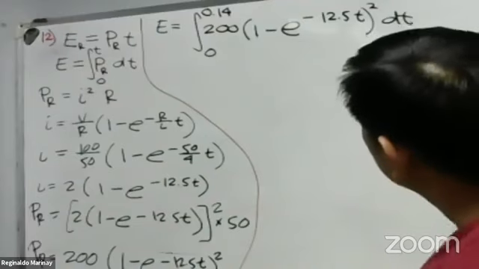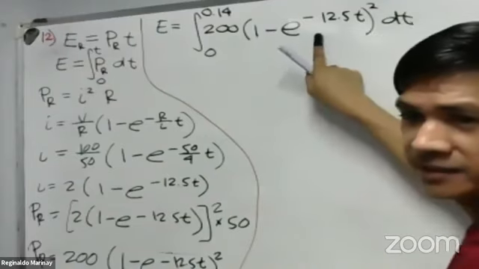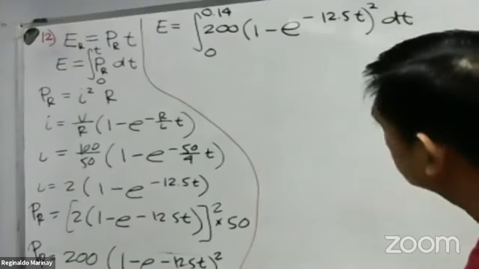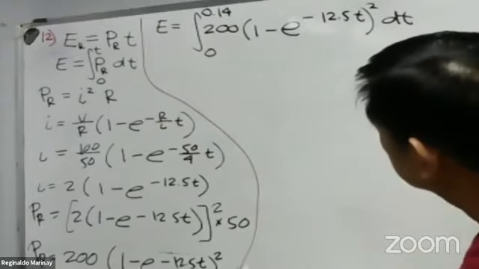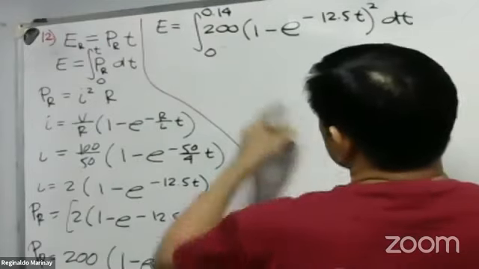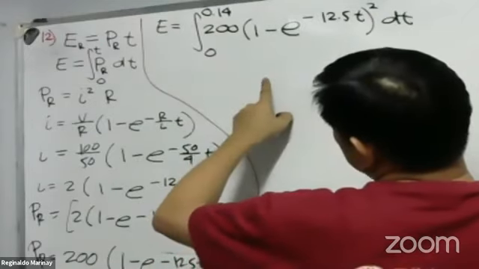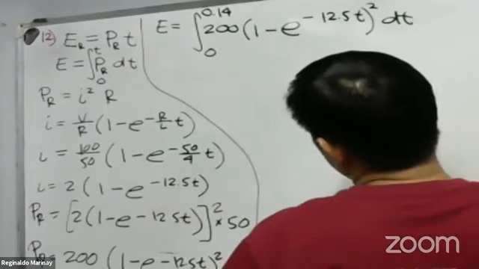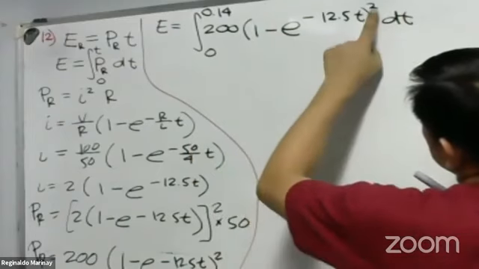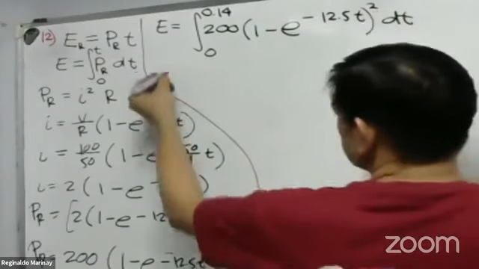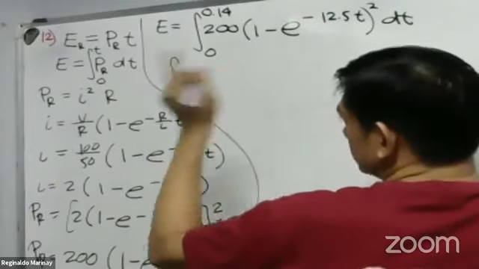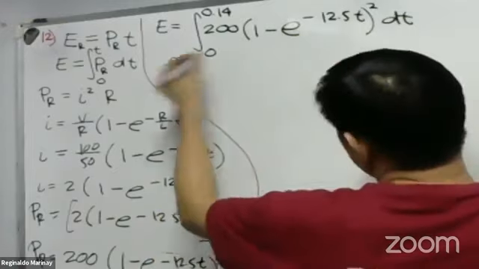In our calculator, this is very easy. Will you input this in your calculator? You can move the 200 outside. Then input this in your calculator, using the integral function, shift integral.